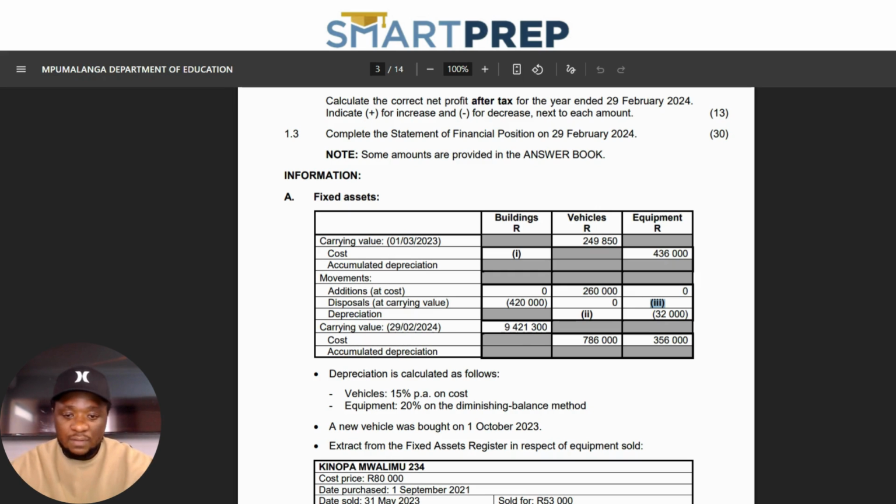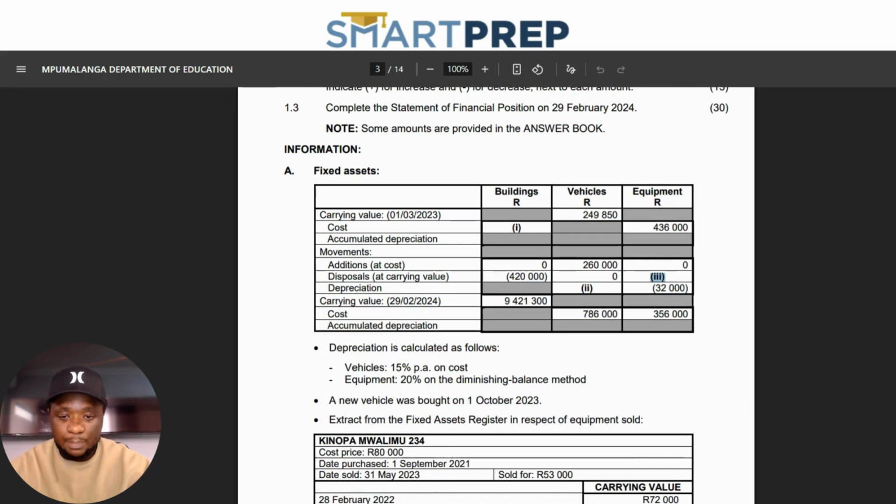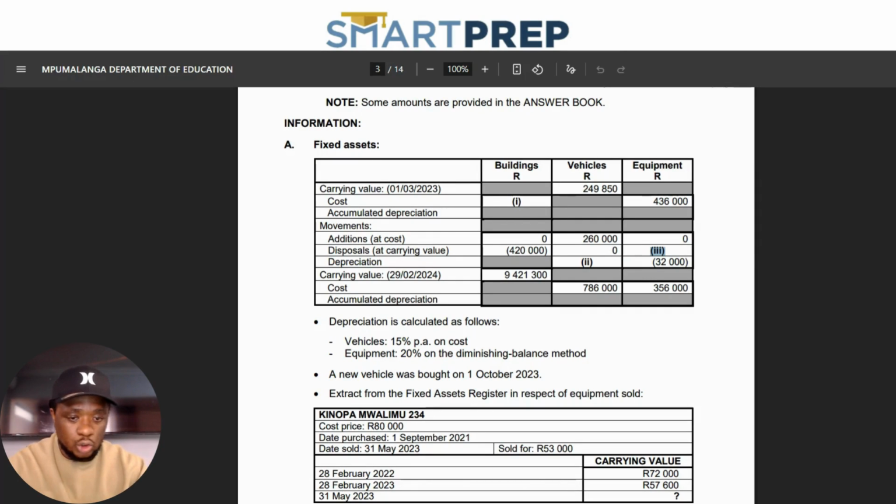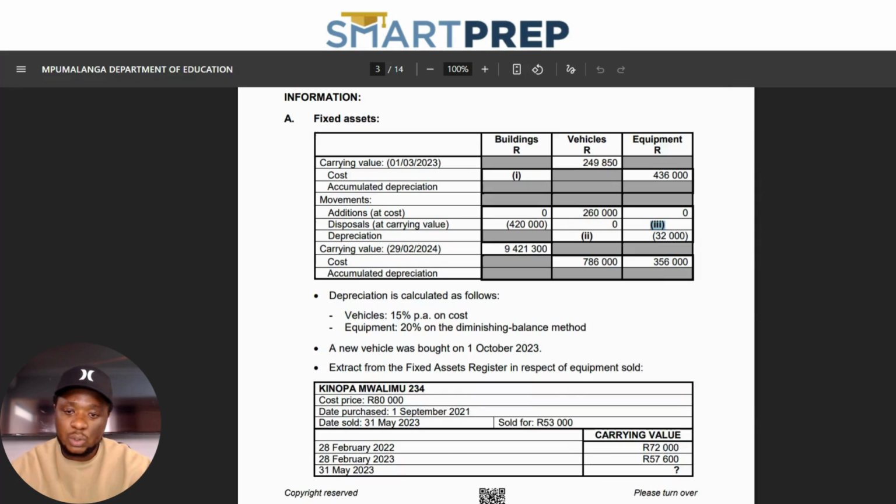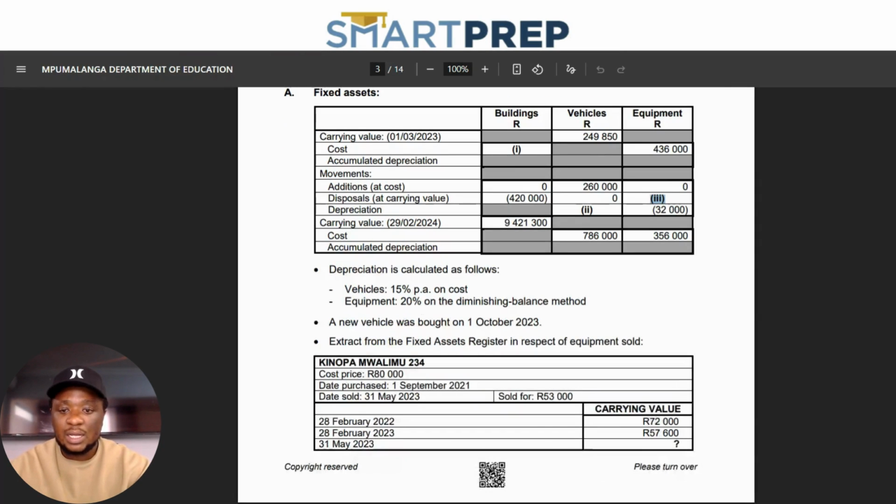So let's look at the information about this equipment that was sold. So what does the information say? The information here says that an extract from the fixed asset register in respect of equipment sold. So it says that the cost price of this equipment was 80,000. It was purchased on 1 September 2021, sold on 31 May 2023, sold for 53,000.